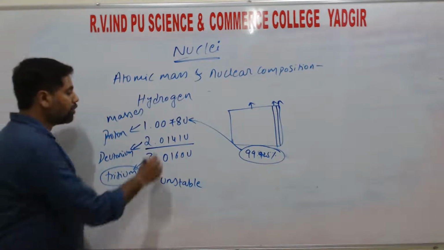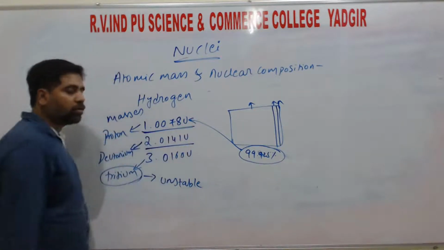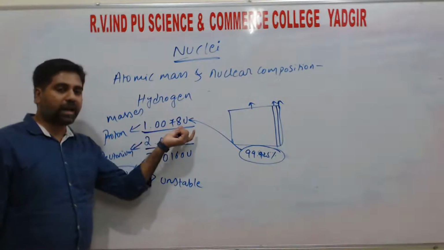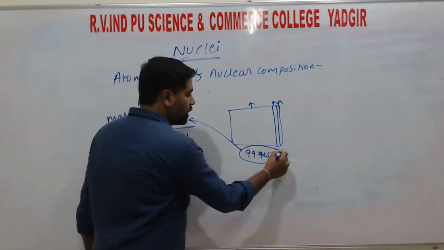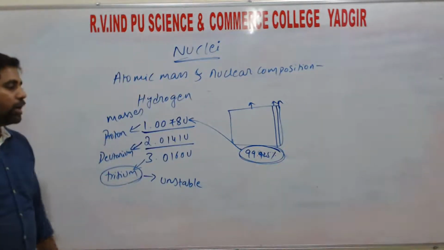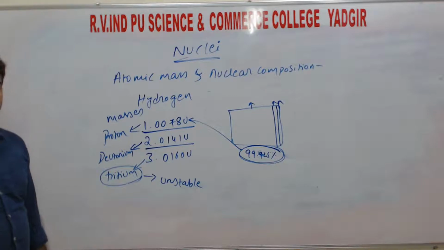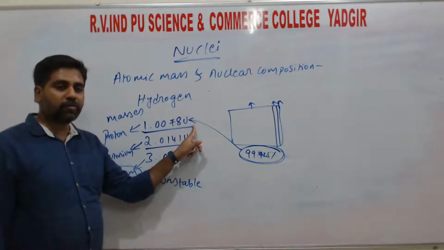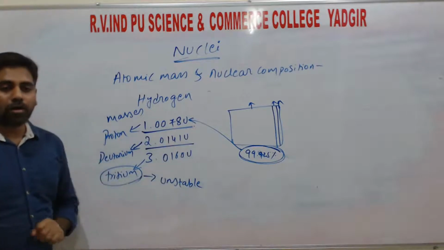So here the main one is proton. Hydrogen which has the mass 1.0078 has the maximum relative abundance, that is 99.925 percent. This one is the proton. This becomes the nucleus of the atom, right?